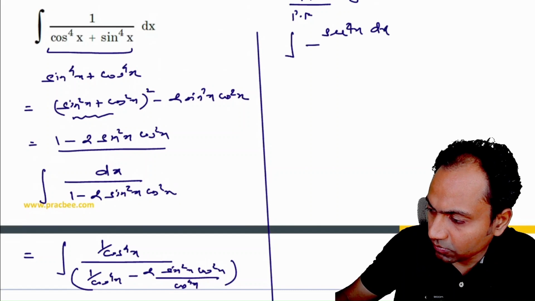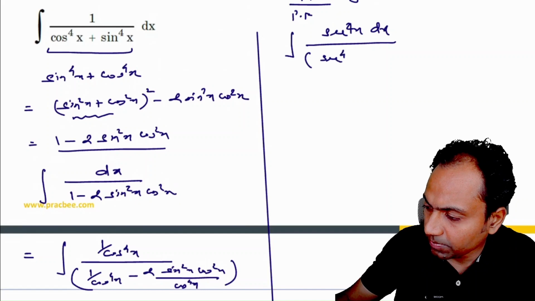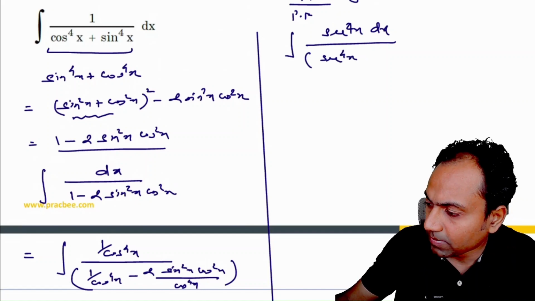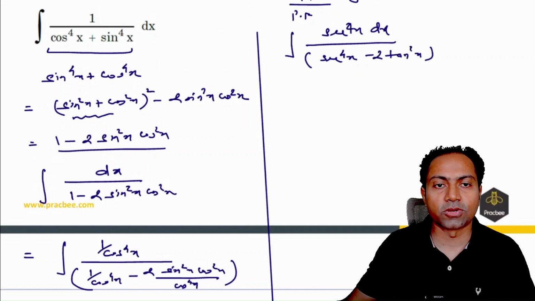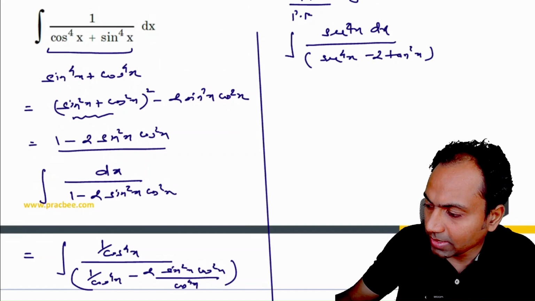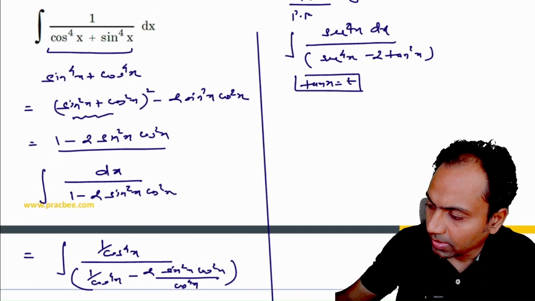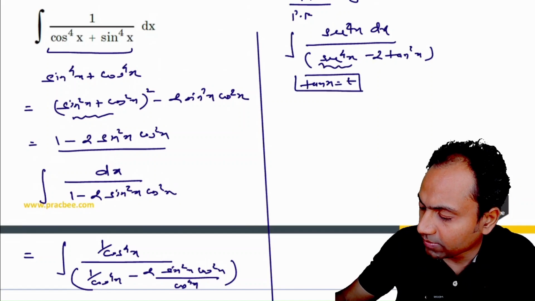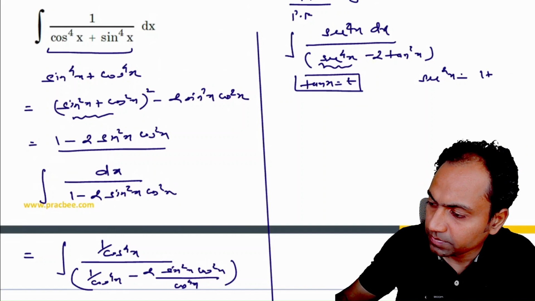Sec raised to the power 4x here. And in the denominator also, this has become sec raised to the power 4x. And then what we have is nothing but minus 2 tan square x, because 1 cos square x got cancelled. Now once I have this, what I can do is I can put tan x as t. And also this sec raised to the power 4 that we have, this can be written as 1 plus tan square x whole square.